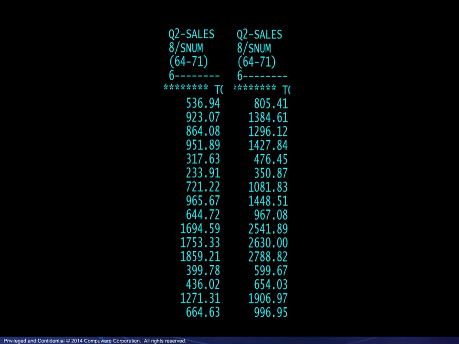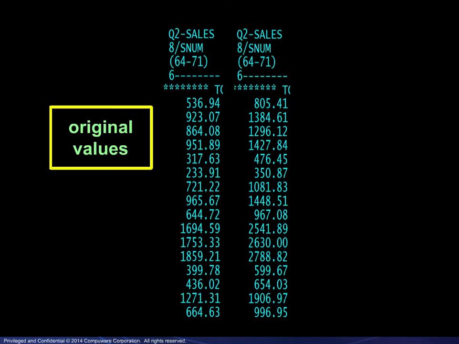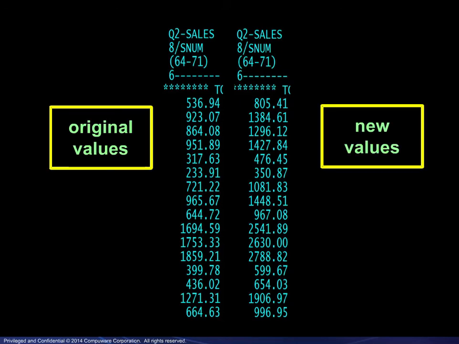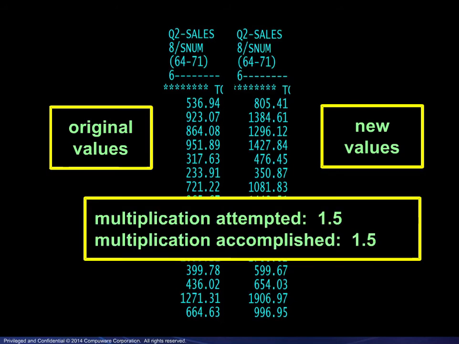For the Q2 sales field, we see the original values on the left and the new values on the right. The multiplication attempted was 1.5, and the multiplication accomplished was 1.5. This is good.